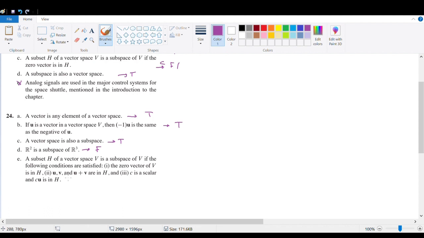But for u, v, and u plus v in H, it should say if u is in H and v is in H, then u plus v should be in H. Similarly, if u is in H, then cu should be in H. So this one cannot be represented like this. So this one is false. You have to rewrite it as: if u and v are in H, then u plus v should be in H. Similarly, if u is in H, then cu should be in H.